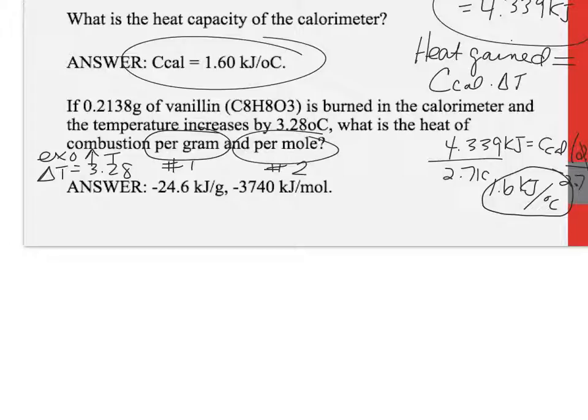And there is a typo in this problem that after I tried to work it through several times, this should be C6, not C8. C6, H8O3, which we're going to need later.